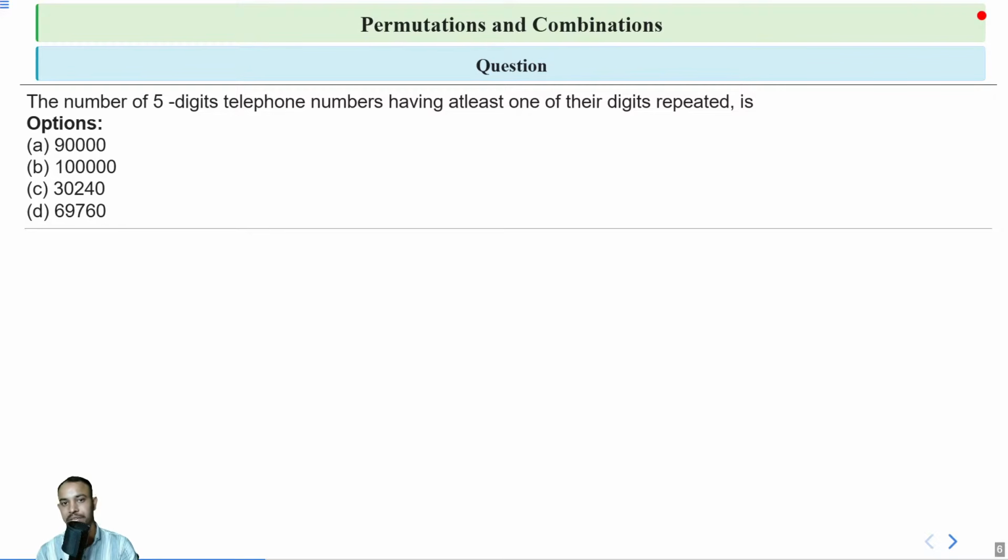Very simple question, it will not take much time. Write your option in the chat section. Quickly give your answer.